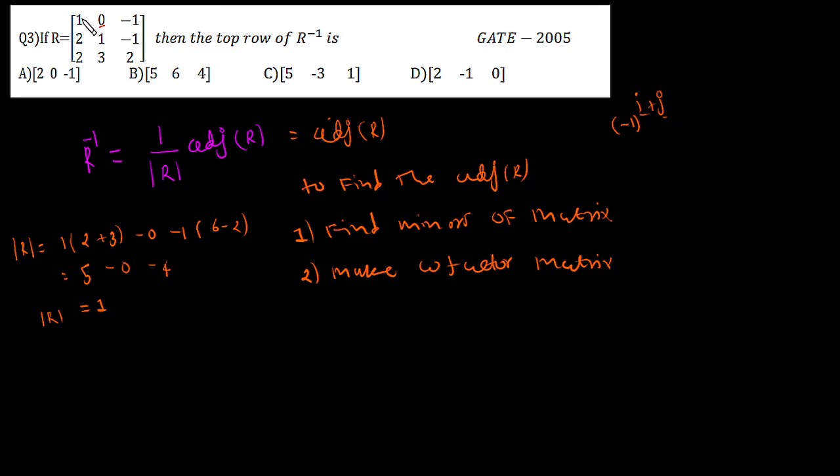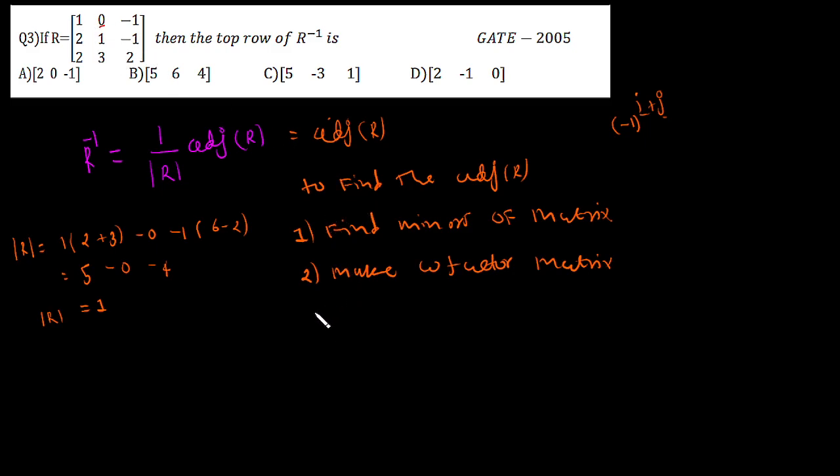Here for this one, i and j have values of 1 and 1 respectively. For this 0, the value of i is still 1, but the value of j is 2 because it is present in the second column. Basically, i and j represent the address of any particular element in this 3 cross 3 matrix.